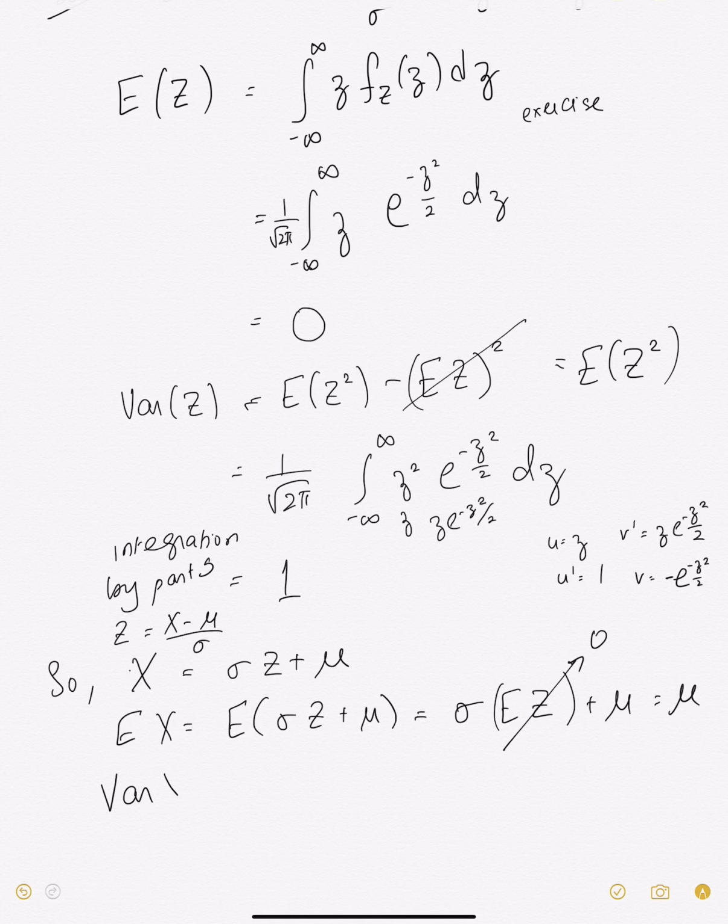And the variance of x is the variance of sigma z plus mu. Shifting a random variable doesn't change its variance, so that's not going to do anything. The sigma will come out as sigma squared, and you have sigma squared times the variance of z, which is 1. So this is just sigma squared.